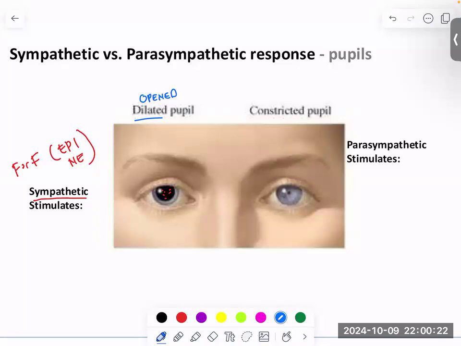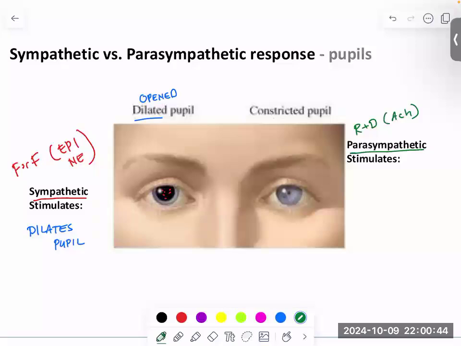So what does it do? You tell me. Dilates the pupil. The iris opens up. Parasympathetic, rest and digest or fight or flight, folks? Which is the neurotransmitter?